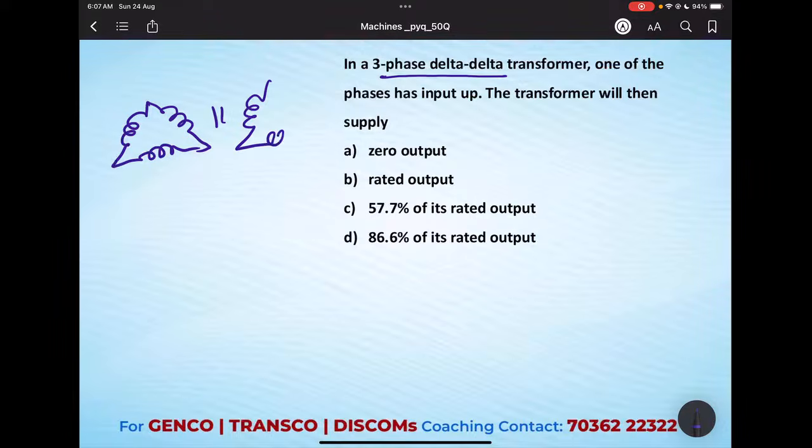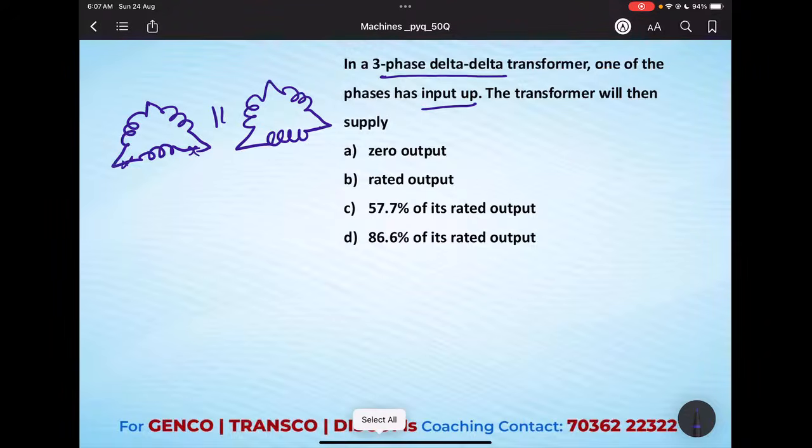What they are telling is that one of the phases is out. That means one phase got faulty and may be removed.